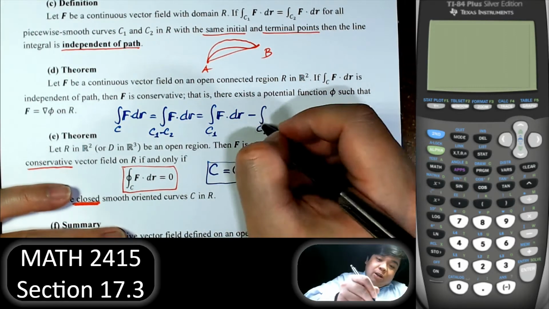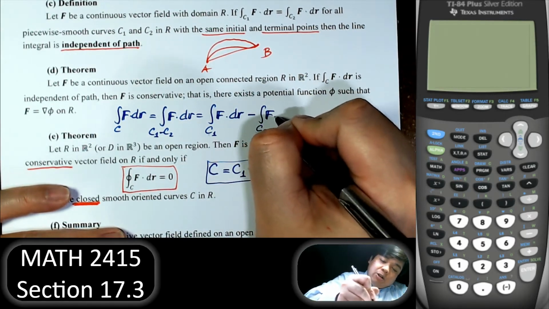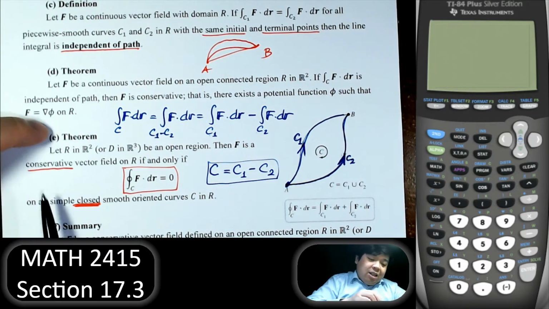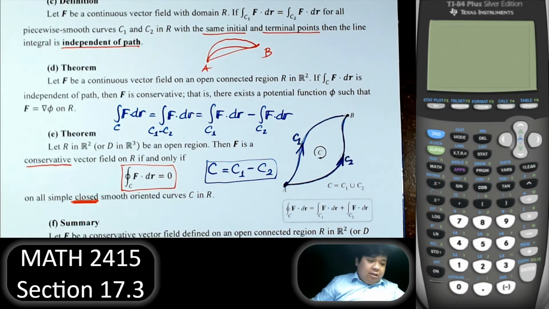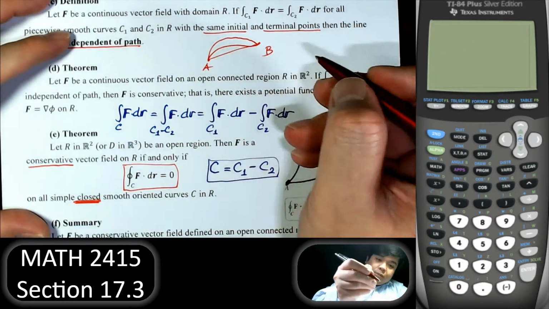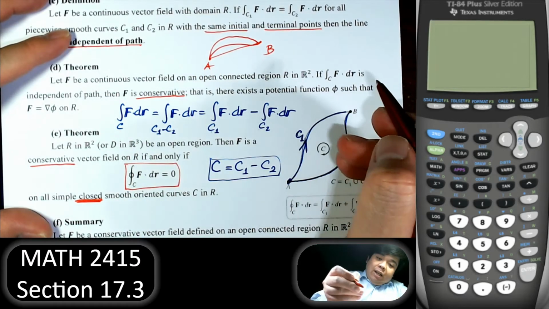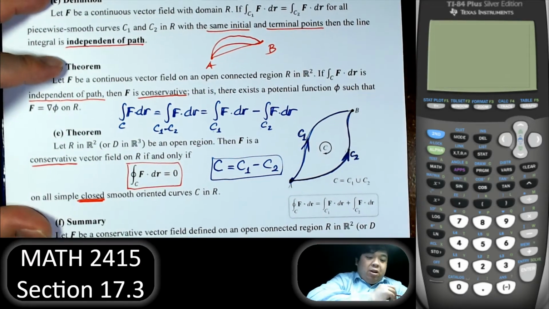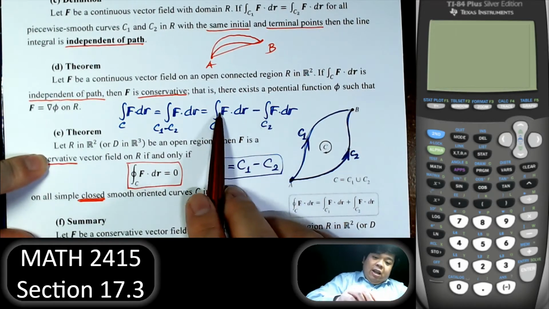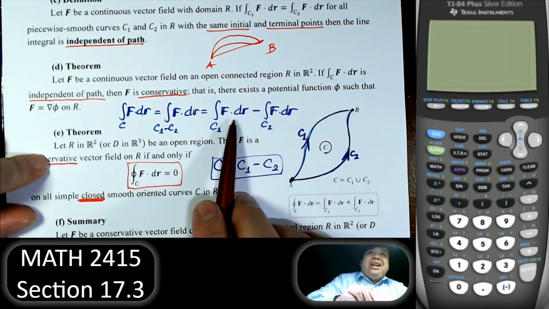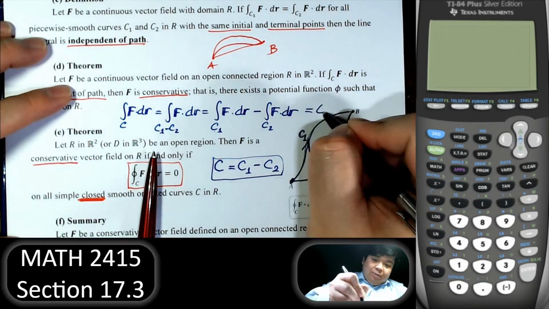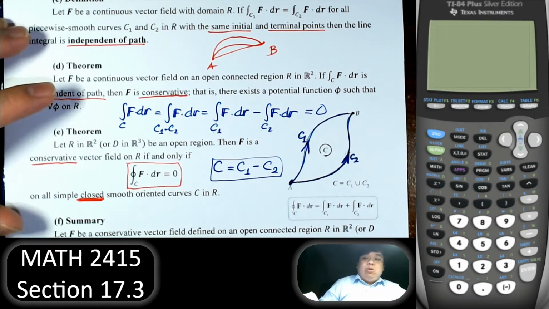So we do C1 first and then we subtract the line integral on C2. Now, what kicks in is that if it is conservative, then it is independent of path. Because it is conservative, those two are the same because they are independent of path. So that's why this is equal to 0.